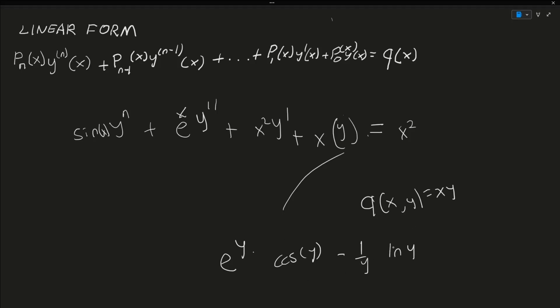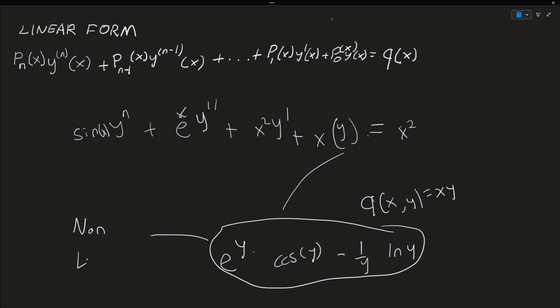These are not good ways to classify linear differential equations, and these would cause non-linearity in a differential equation. If you have terms like cosine of y, 1 over y, ln of y, e to the y, these examples could be extended, but as long as we have y inside a different function as an input of that function, these would ultimately cause this differential equation to lose its linearity.